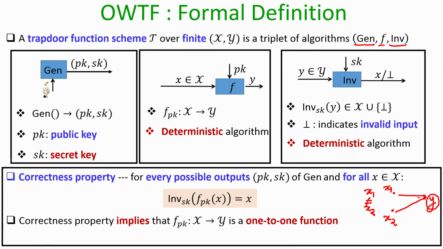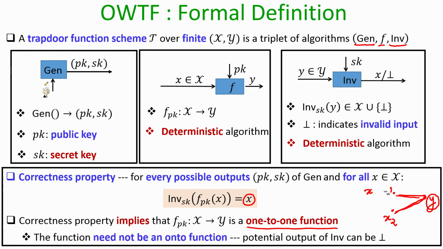You can get back x1 with some probability, you can get back x2 with some probability, but that strictly goes against the correctness requirement. The correctness requirement says that you should obtain back the exact input with which you evaluated the function f of pk and then try to run the inverse algorithm unambiguously, and that is guaranteed only if your function f of pk is a 1-to-1 function.